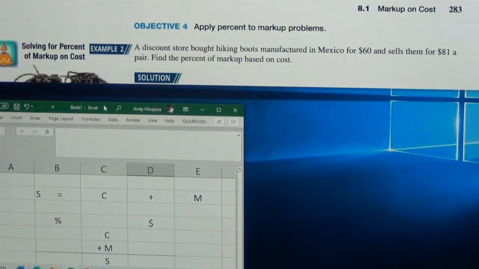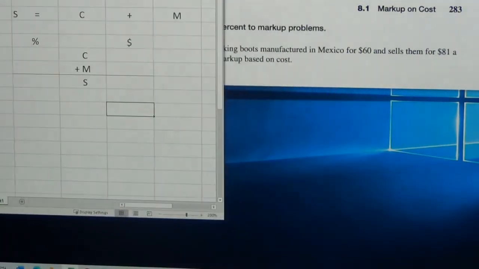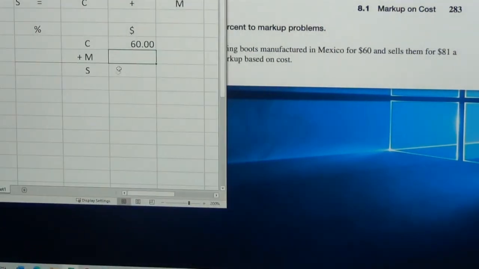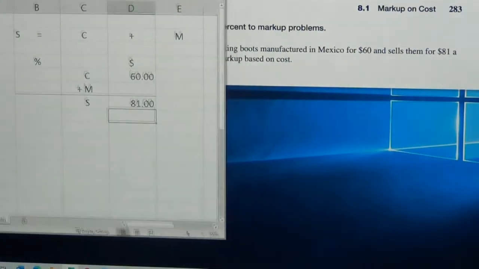It's saying a discount store bought hiking boots manufactured in Mexico for $60, so my cost is $60. Sells them for $81, so my selling price is $81. Find the percent markup based on cost.